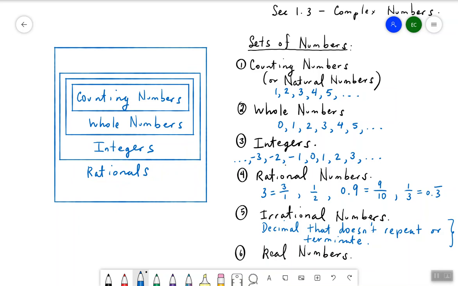And then we come to the set of irrational numbers. Do the irrational numbers include all of the rational numbers? No, they don't. The irrationals now are a separate group. And so then they go alongside the set of rationals, but not including the set of rationals.